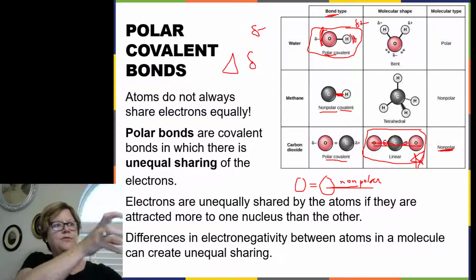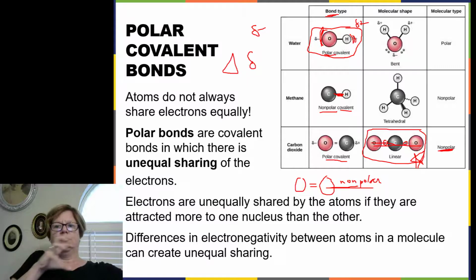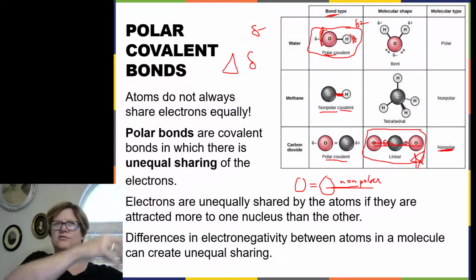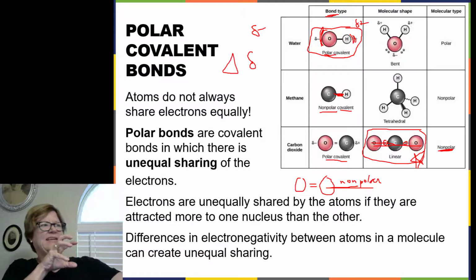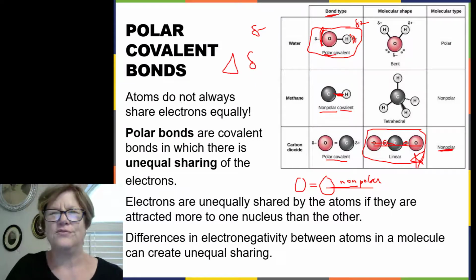And what happens is both of the oxygens are pulling. So what you end up with is on one end of the molecule you have partial negative. On the other end you have partial negative. It's very symmetrical. And in the middle you have partial positive. But because of the linearity of it, it's nonpolar.